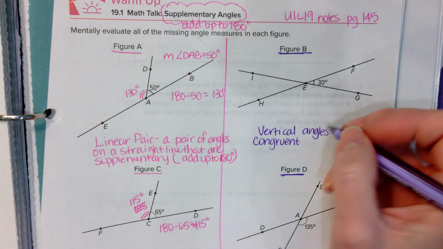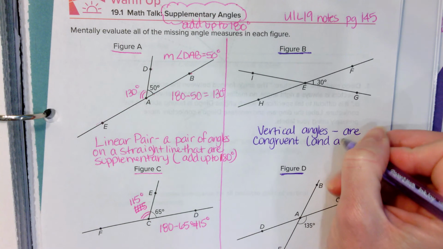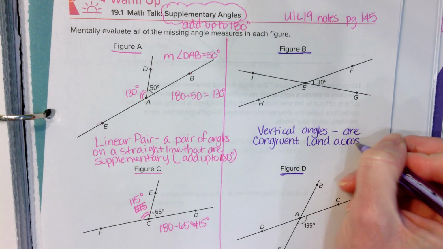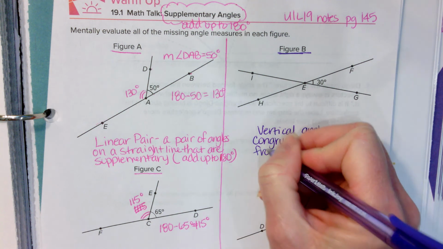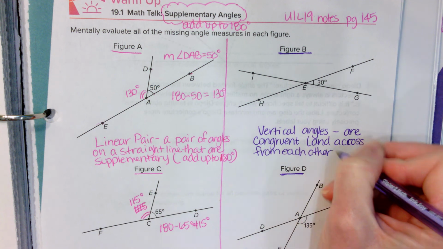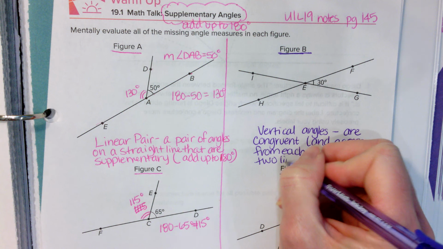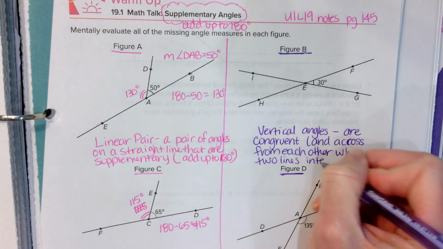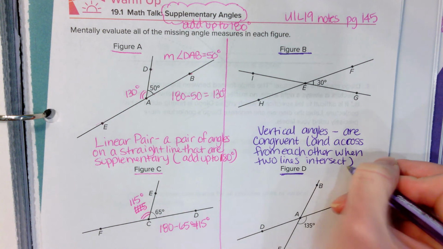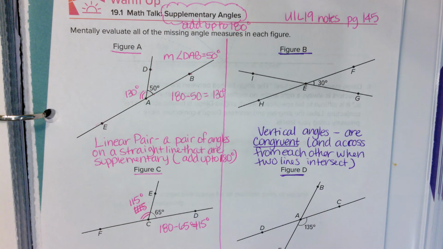And they are across from each other when two lines intersect. So they're congruent to each other, which means they're equal in measure.